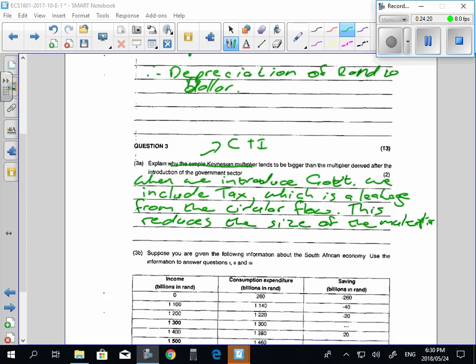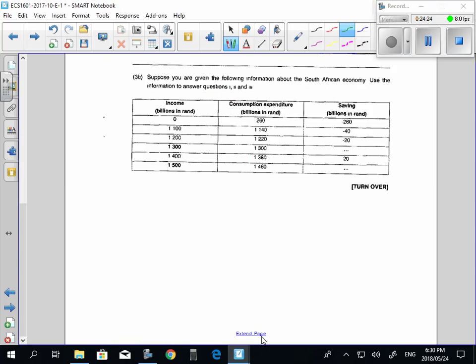Now, if you were to use your calculations to explain this, when we calculate the multiplier in a simple Cartesian graph, it is 1 over 1 minus C. When we calculate the multiplier including a government sector, it's 1 over 1 minus C multiplied by 1 minus T. So now obviously the tax rate would be a certain percentage.